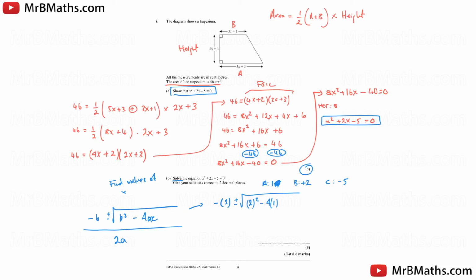Sorry. 4 times a, which is 1, times c, which is minus 5, all over 2a, which is 1. Now you need to split these up, so you need to do this adding that, and this taking it away.